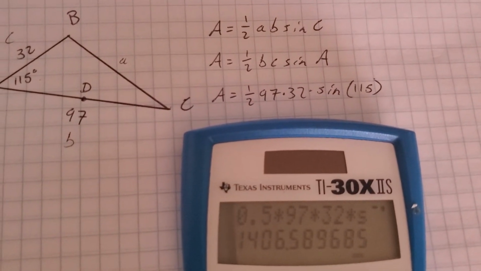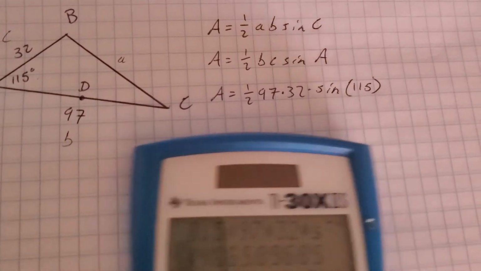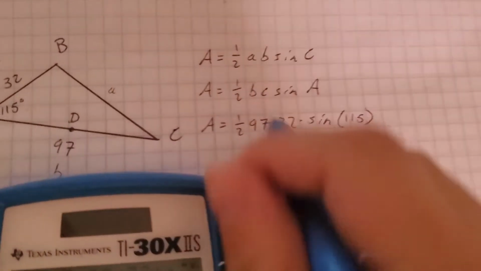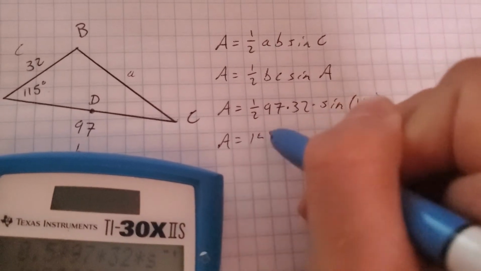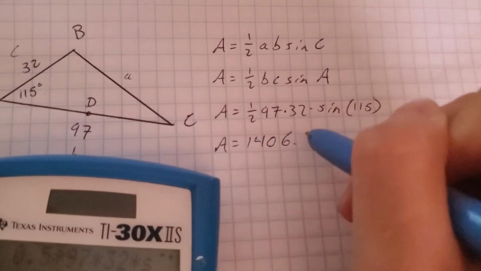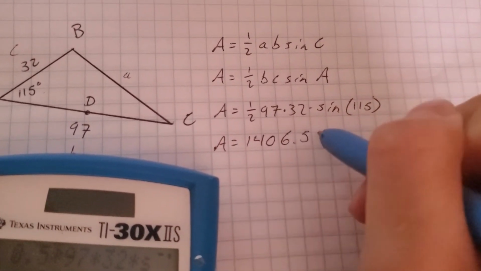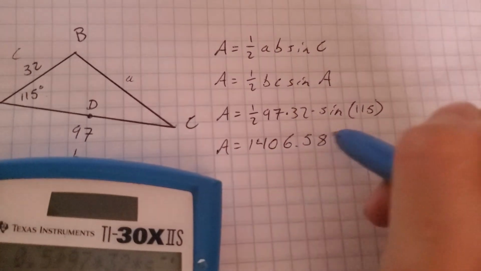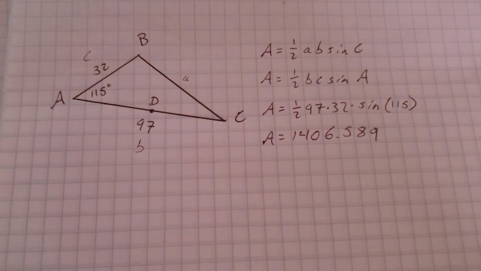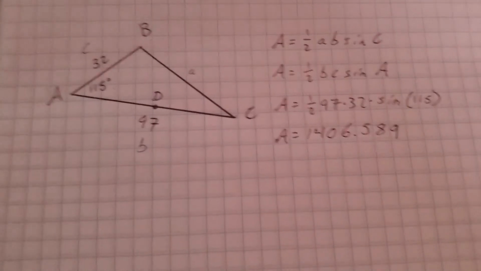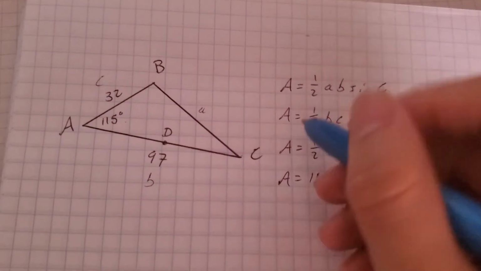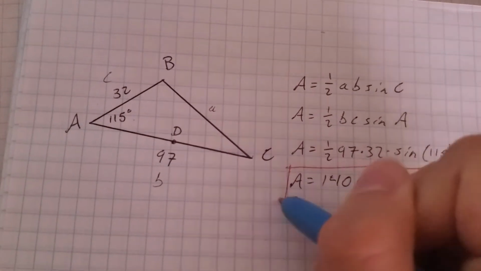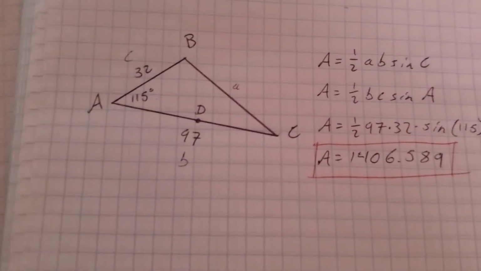So we get area equals 1406.58. So that is the area, and that is the answer. And that would be the first formula.